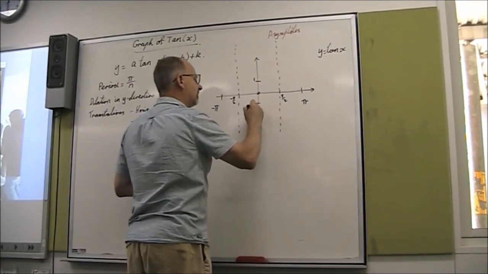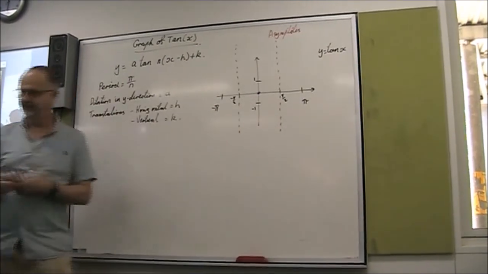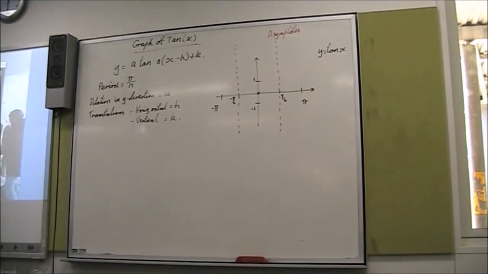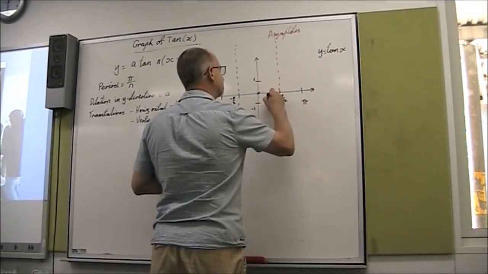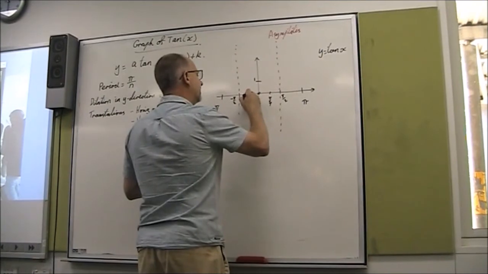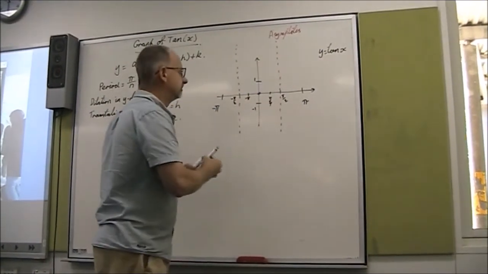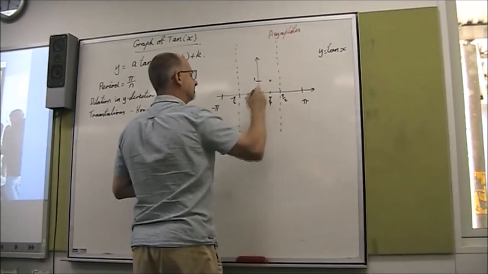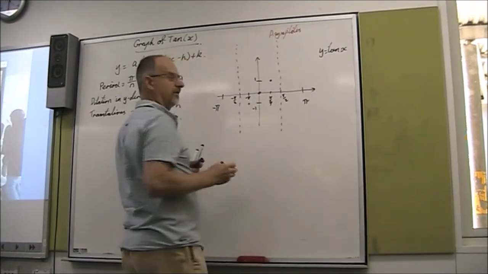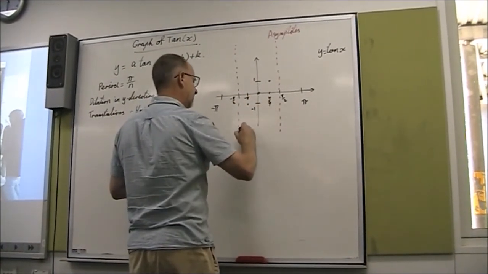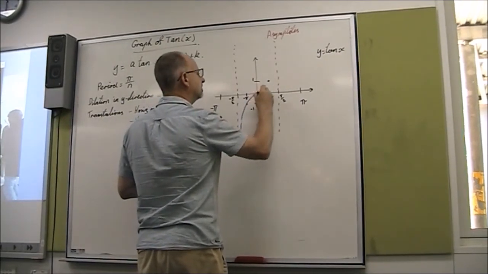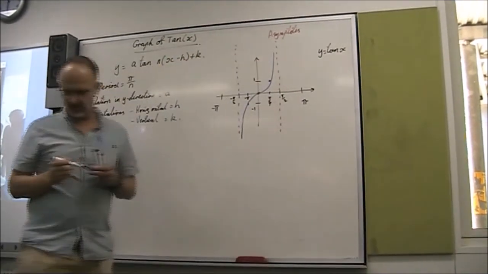The tan of pi on 4 is 1, and negative pi on 4 is negative 1. So those 2 points are our key points, and it goes like that.